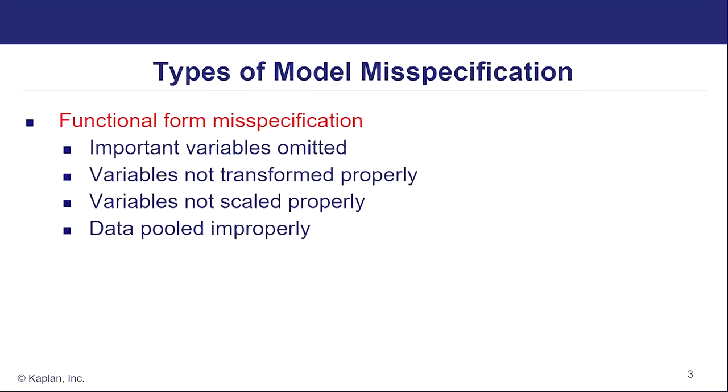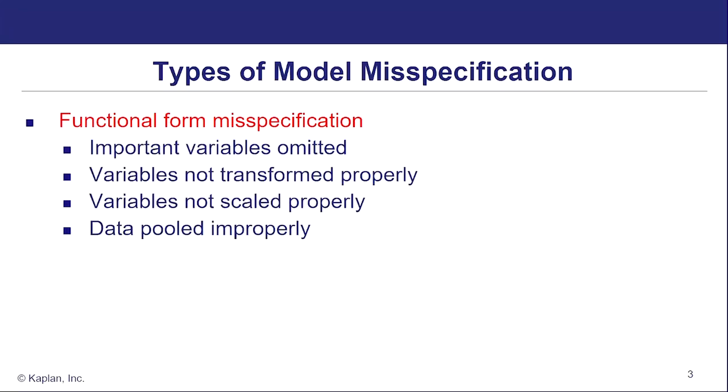The second one is improper transformation of the variable, where transformation was needed but was not conducted. We'll see an example in a little bit. The variables were not scaled properly. For example, if I was to compare net income of two technology companies with different sizes, one a very big tech company, another a small company, by looking at raw data for net income, that comparison is meaningless.